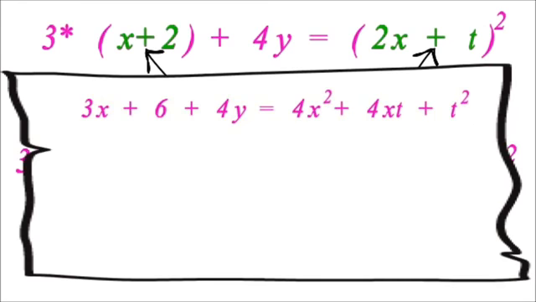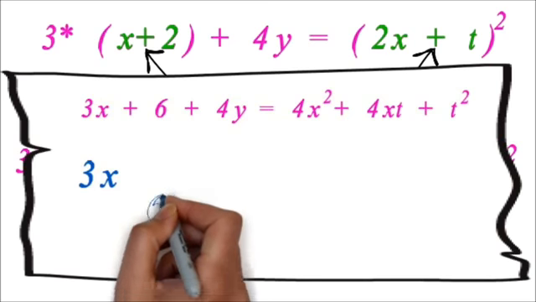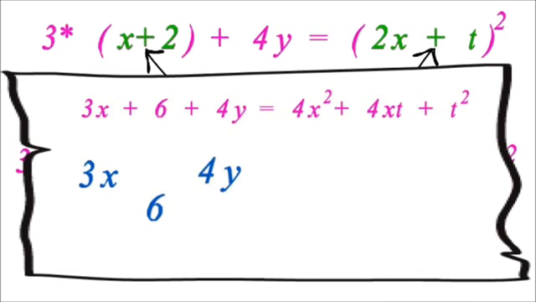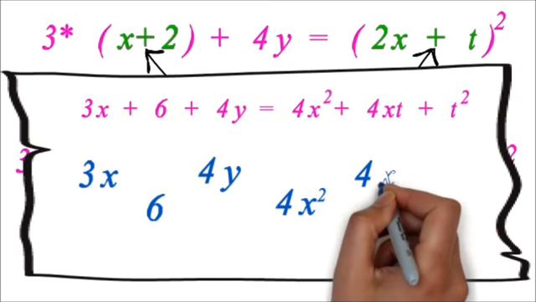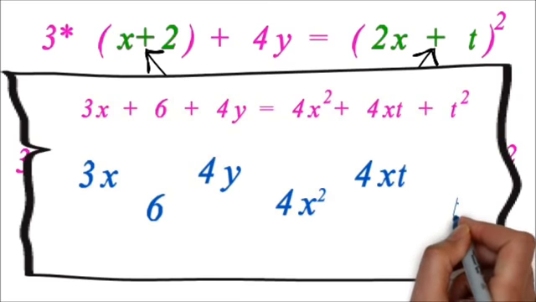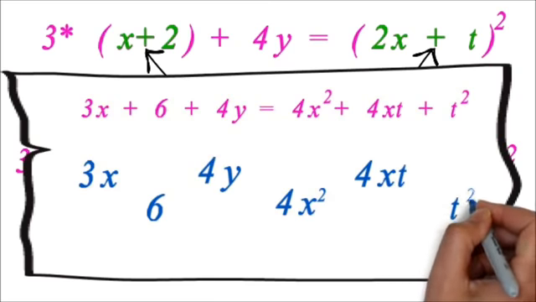This would give us the full terms, 3x, 6, 4y, 4x squared, 4xt, and t squared. Please do not worry much about the expansion. We will look at that later on this lesson series.